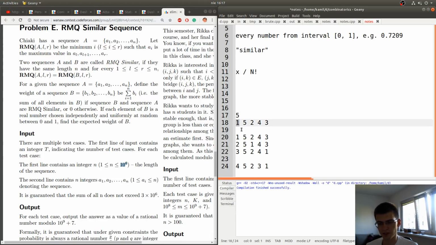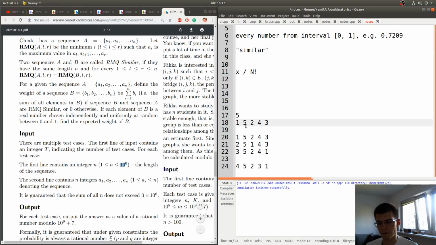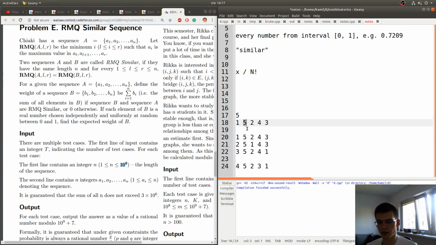Here the first number was 1, but it doesn't matter much because it will never be compared with something on the right. So it could also be 4. The only important thing is that it's more than this 5. So when we consider 5, we say that these 3 numbers don't matter with respect to this one number.